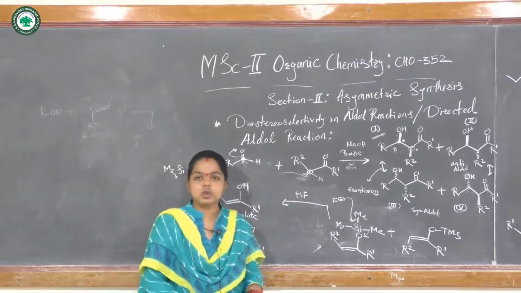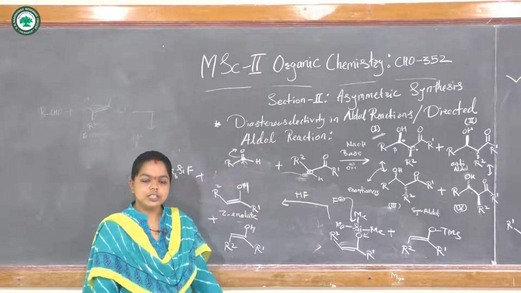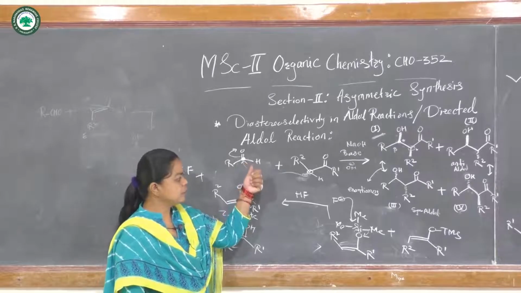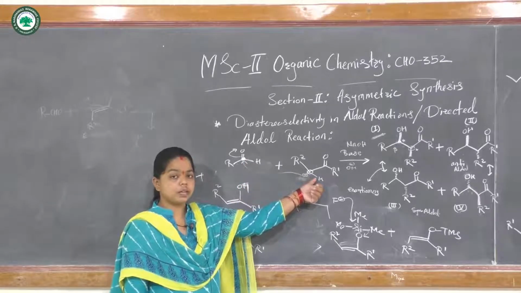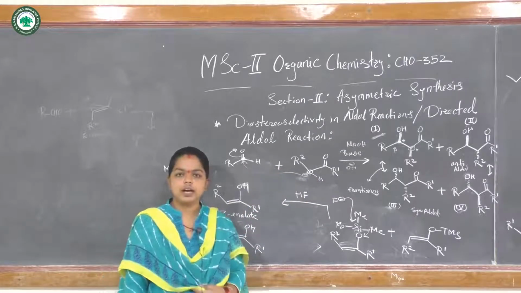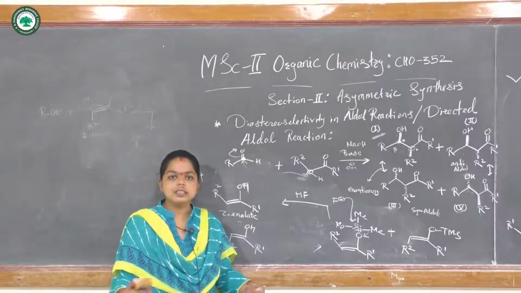Now we can control the diastereoselectivity in the reaction. How? If we generate the enolate from the enolizable carbonyl compound and treat the electrophilic aldehyde with the Z enolate, we get the syn aldol.